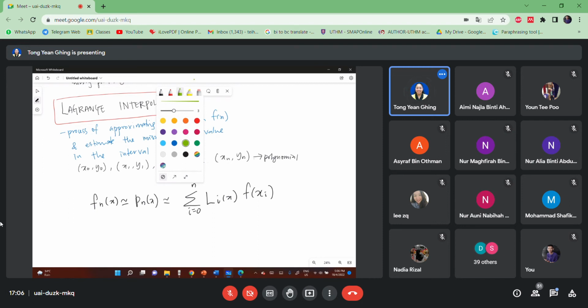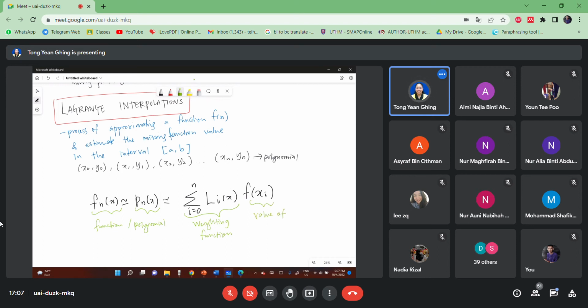Okay, where this one is a function, or this one is the polynomial. So it's equal to this one, the whole thing, this is the weighting function. We call it the weighting function. And this is the y, the value of y.